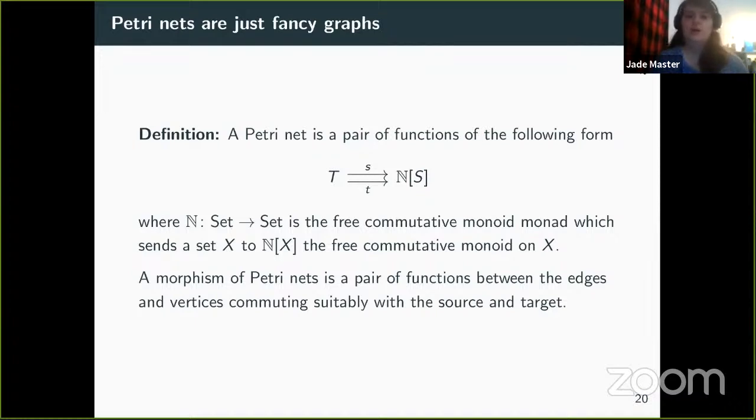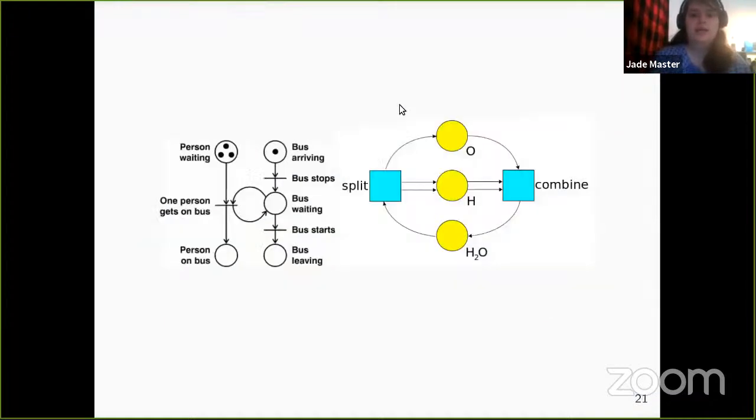And like before, a morphism is going to be a function between the set of transitions and the set of places or species called S, which commute with these source and target functions. Okay, so that's what they are formally, but people start to think about them in a different sort of way usually.